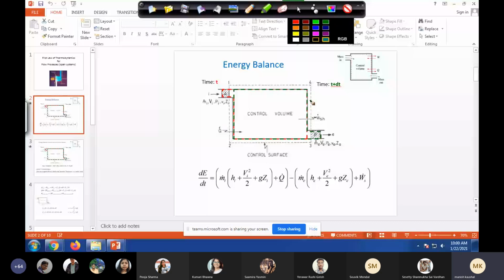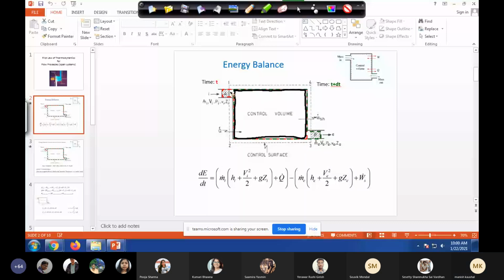So what is common in these two? This region is common in both envelopes, isn't it?